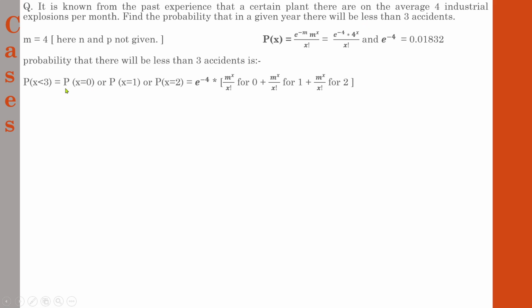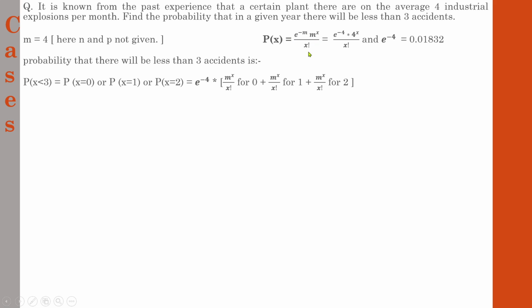So in the question you have to find the probability with regard to Poisson distribution for x equal to 0 or x equal to 1 or x equal to 2. The equation is e raised to minus m into m raised to x divided by x factorial.